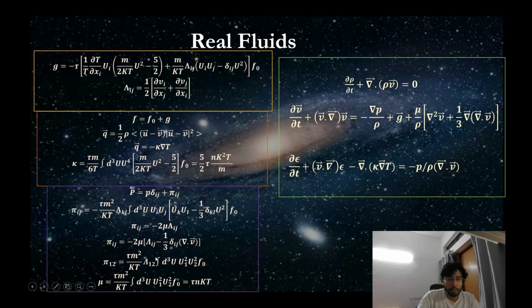Maybe I'm going in a hurry, so let me know if you don't understand any step. I will write it down and explain it in that case. But this is the basic idea. Now, to determine the value of pi_ij, we take one component, let's say pi_12, and in that case we just put the value of i as 1 and j as 2. In that case, this expression will reduce down to this thing.